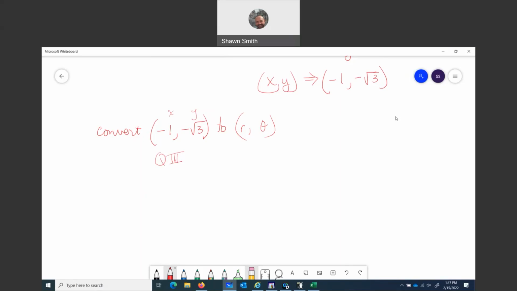So when I do r, it's negative 1 squared plus all of negative square root of 3 squared. That's 1 plus, negative squared is positive, square root squared is gone, leaving 3. That's just equal to the square root of 4, which is 2. R is 2. Pretty simple.